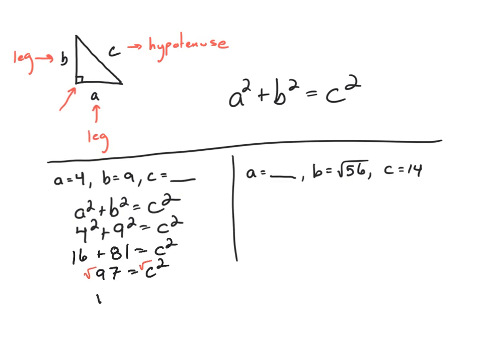The square root of 97 is equal to C, or C is equal to the square root of 97. So the missing side length of this particular triangle is the square root of 97, which would come out to 9.85.